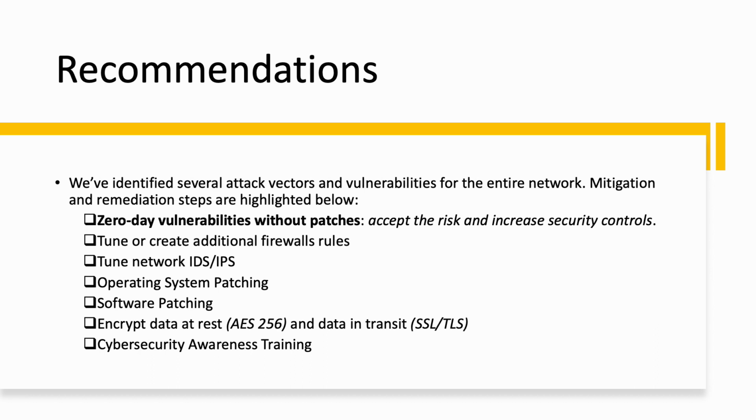We want to ensure that we are patching our operating systems and upgrading and updating our software applications. For data at rest and in transit, we want to ensure that we're encrypting with AES-256 for data at rest and SSL/TLS for data in transit.